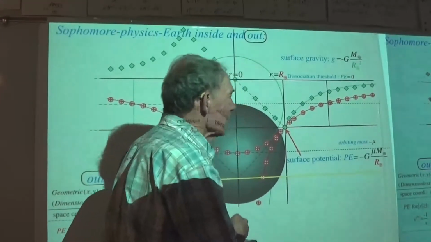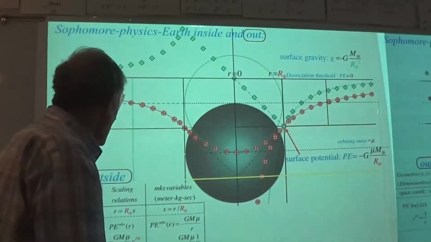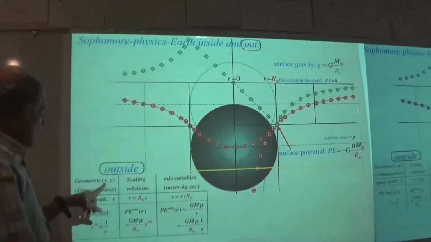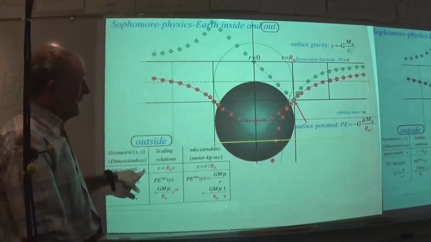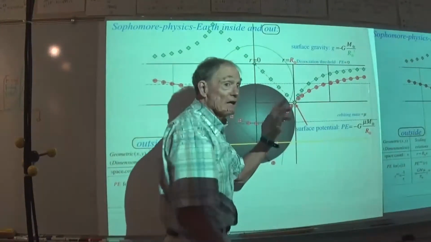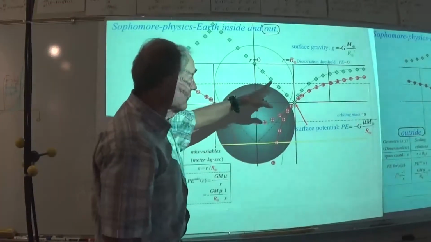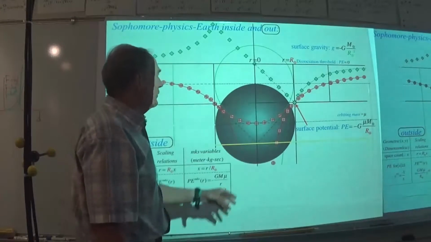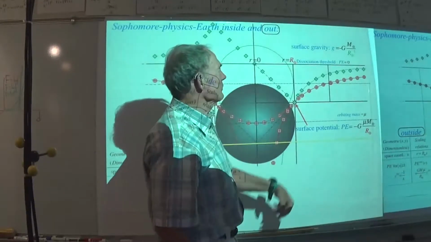You can make a lot of headway. And here are just the geometrical units, where the space coordinate x has this as 1, okay? And now we're going to make it something in MKS, namely R, Earth. That's the symbol for Earth that's most used.